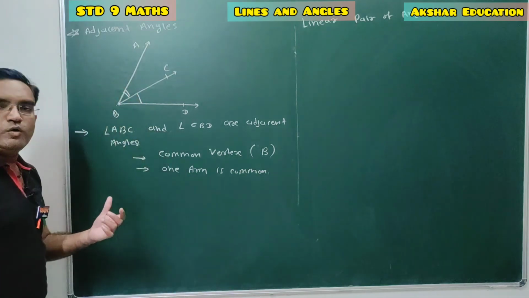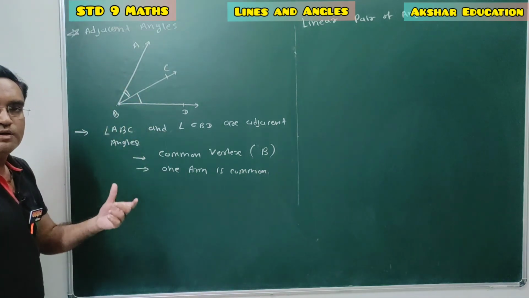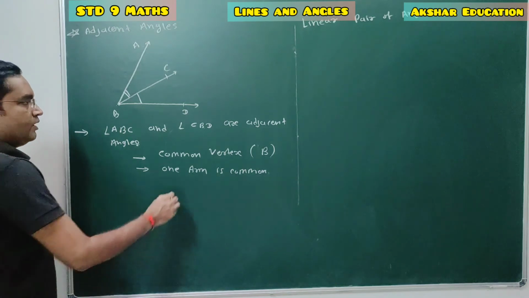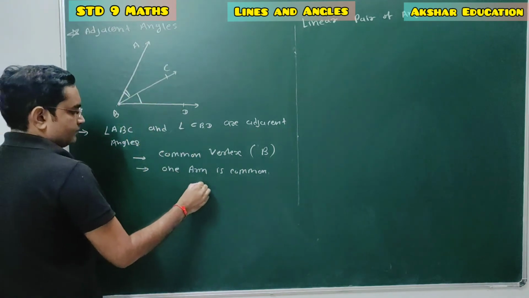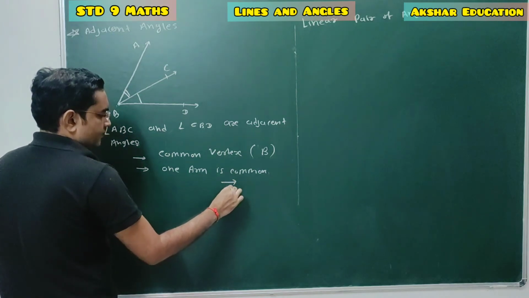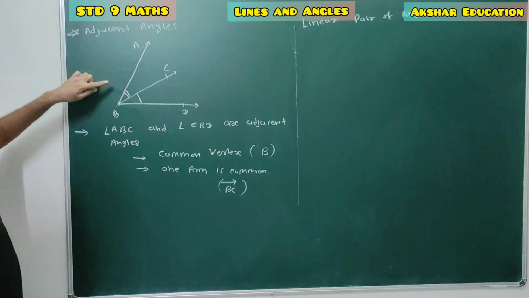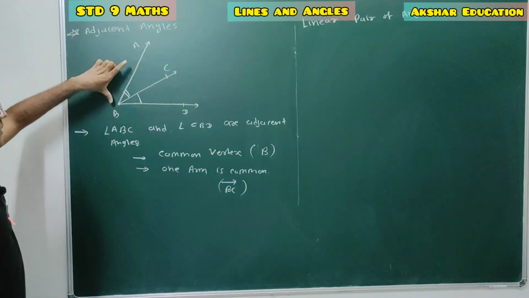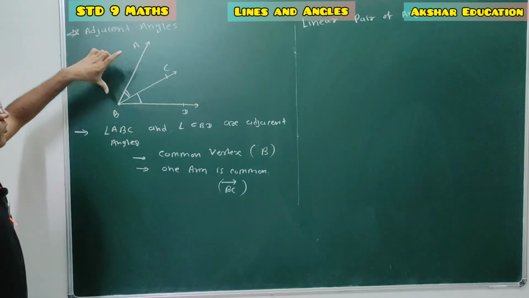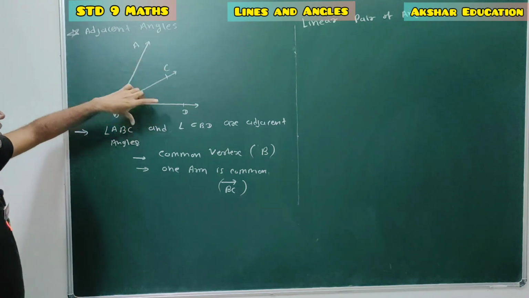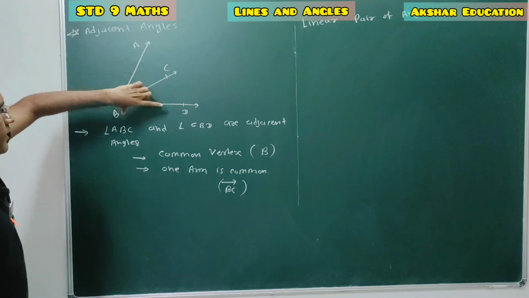For any angle, two arms are there. Out of the two arms, one arm of the angle must be a common arm. So here the common arm is ray BC. Here ray BC is the common arm. For example, for angle ABC, two arms are there, ray BA and ray BC. And for angle CBD, the two arms are ray BC and ray BD.